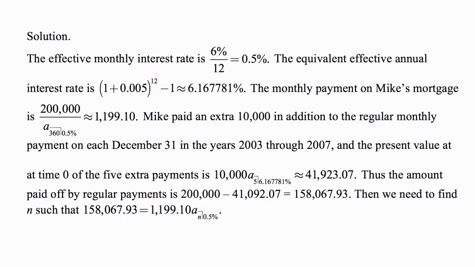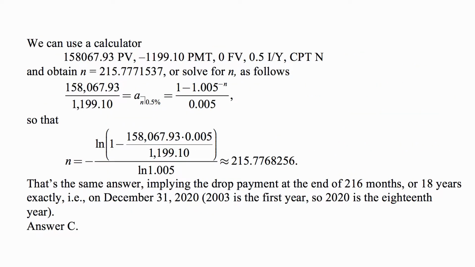And the regular payments are 1,199.10, and they pay off this balance, so 158,067.93 is equal to 1,199.10 times a angle N at 0.5%, and we need to find that N. If we use a financial calculator, I used the BA II Plus Pro to do this.